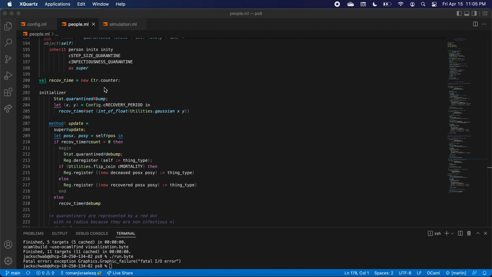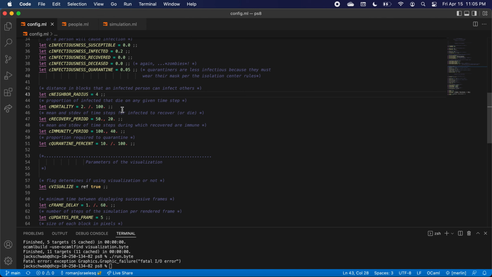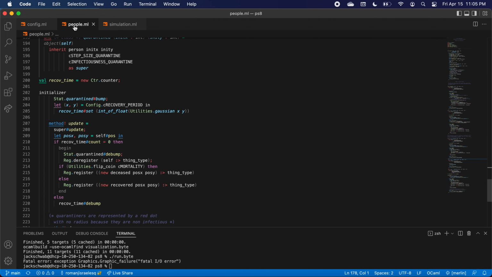The step size for a quarantiner is 0 because they're supposed to remain in place, and their infectiousness is 0.5%, because per the rules of the isolation center, they are required to wear their mask, so they are less infectious. However, there is still a chance they can come into contact with somebody.